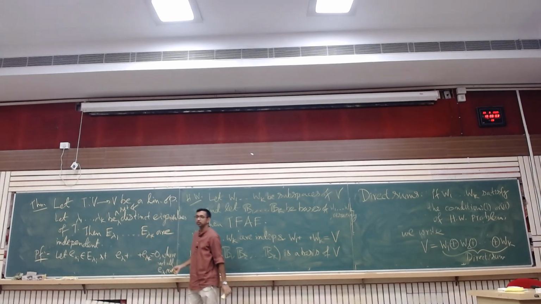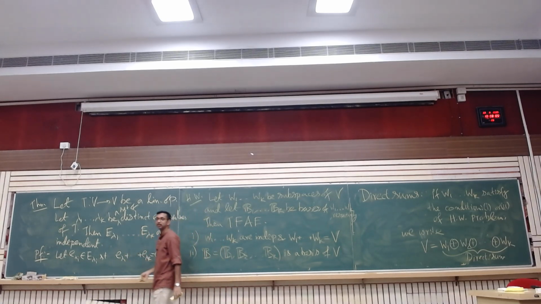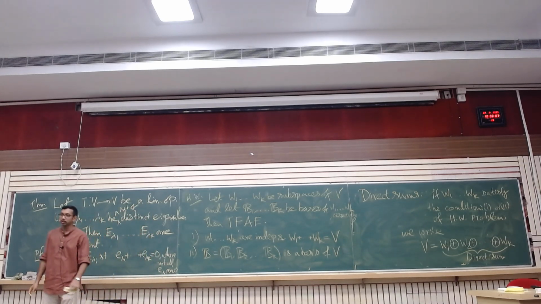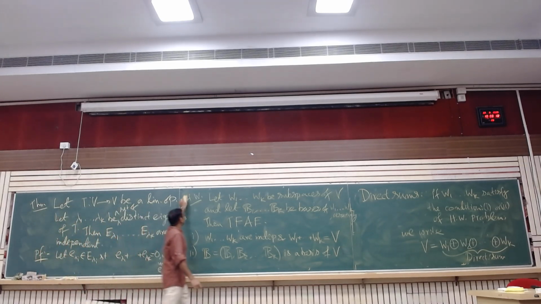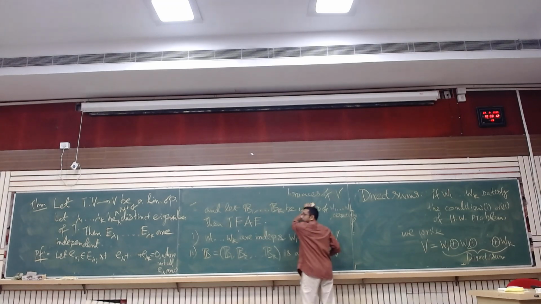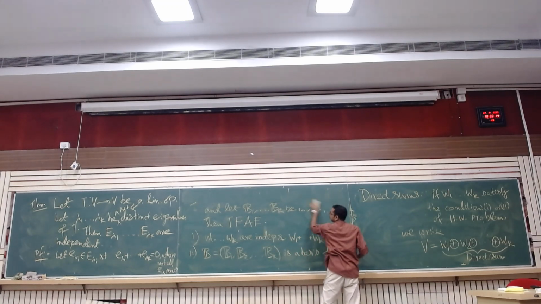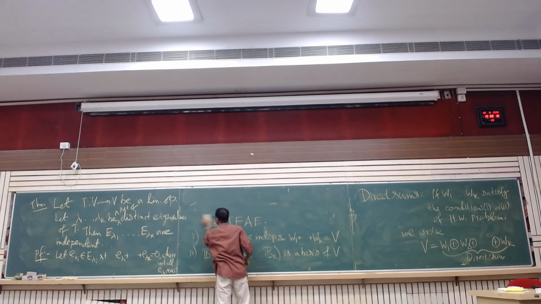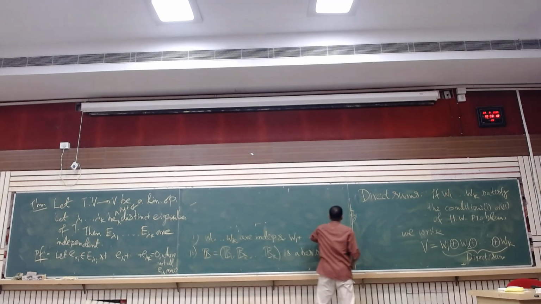If all are 0, then there is no contradiction to the independence. So we are proceeding by contradiction, assuming there is a non-trivial relation among the elements E lambda i.